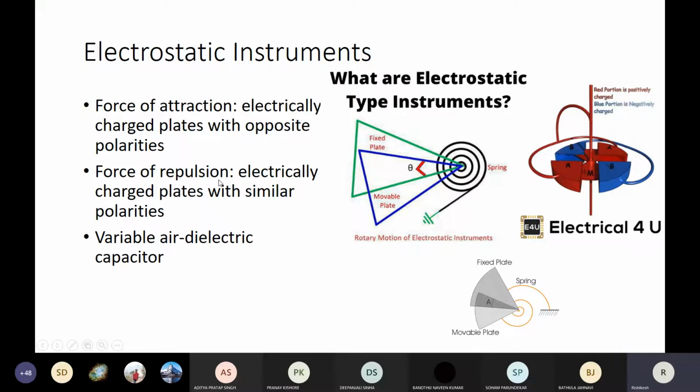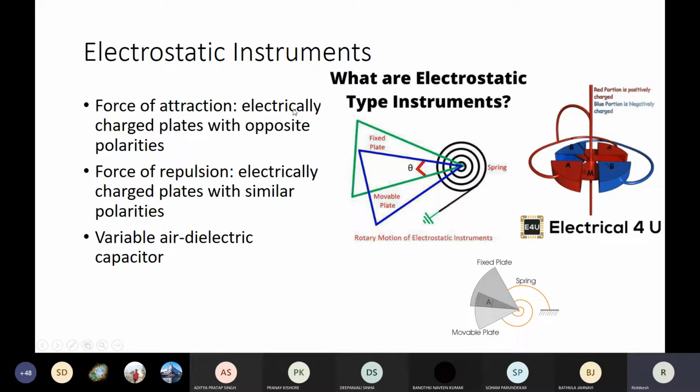So in the case of attraction, we utilize electrically charged plates. Now since it is an electrostatic instrument, we use the electrostatic principle, where two plates which have opposite charges or similar charges will exert some force. Now depending on the charge, there will be a force of attraction or force of repulsion.